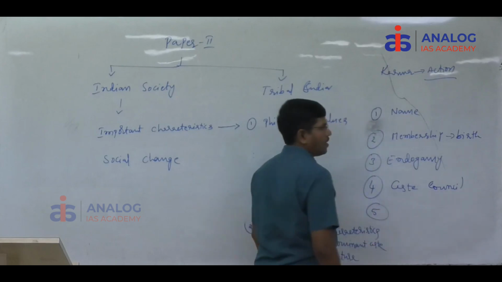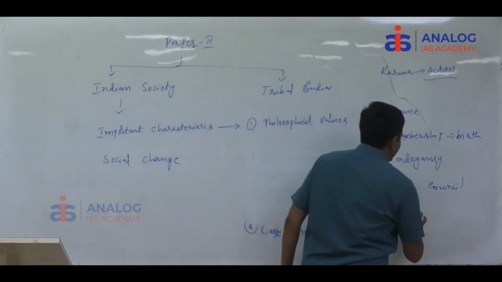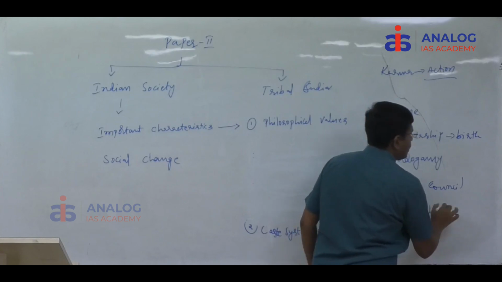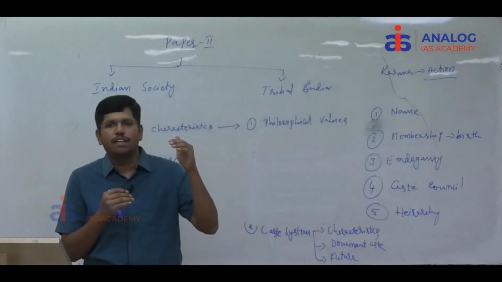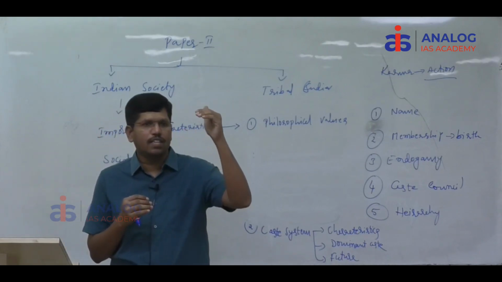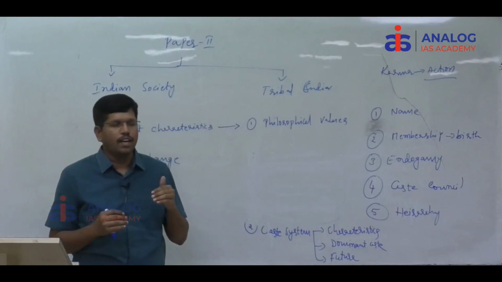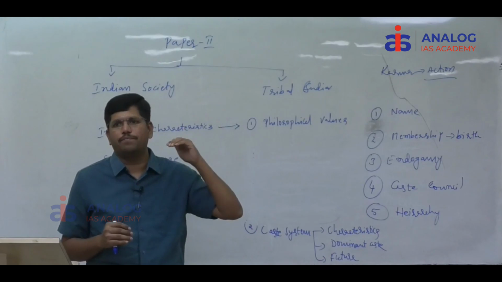After that, we can come across hierarchy. Hierarchy means ranking. All the castes in our society are given one rank. One caste is given one rank, another caste is given another rank, another caste is given another rank. Like this, all the castes are arranged in a hierarchical, ranking manner.